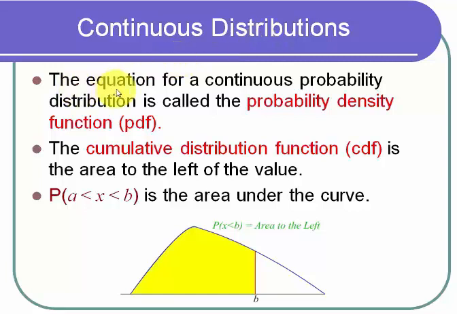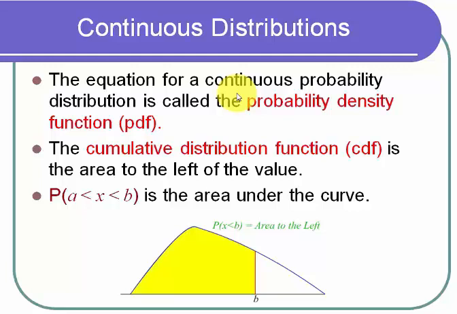So the equation for a continuous probability distribution is called a probability density function. Remember that a continuous random variable could come up and be any number within an interval. And that interval could either be like between 0 and 1, or it could even be between negative infinity and infinity.